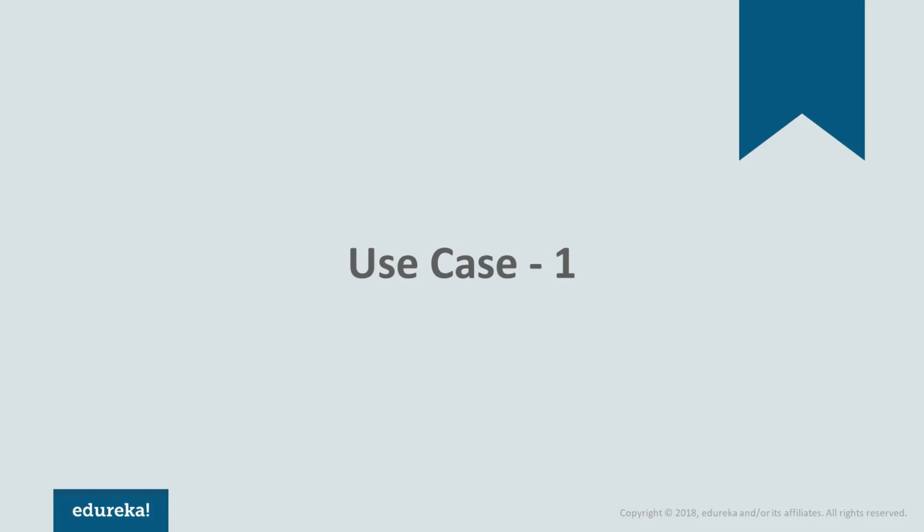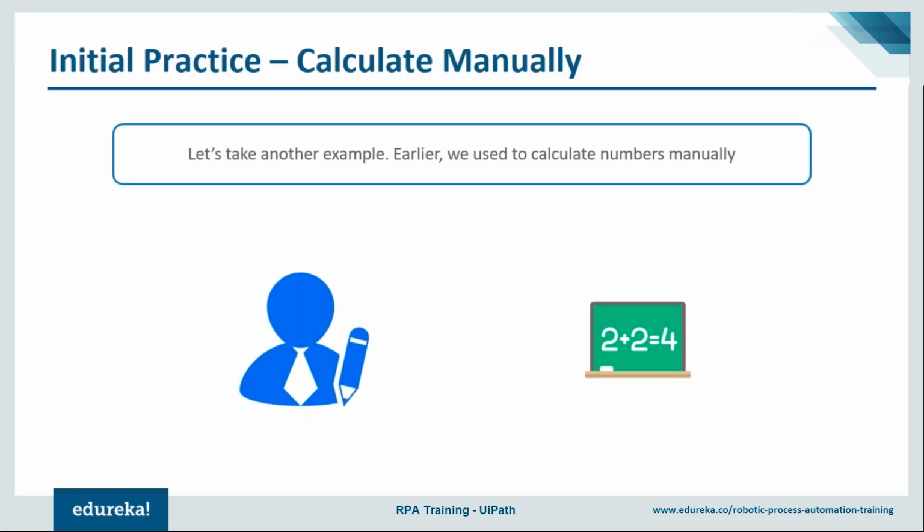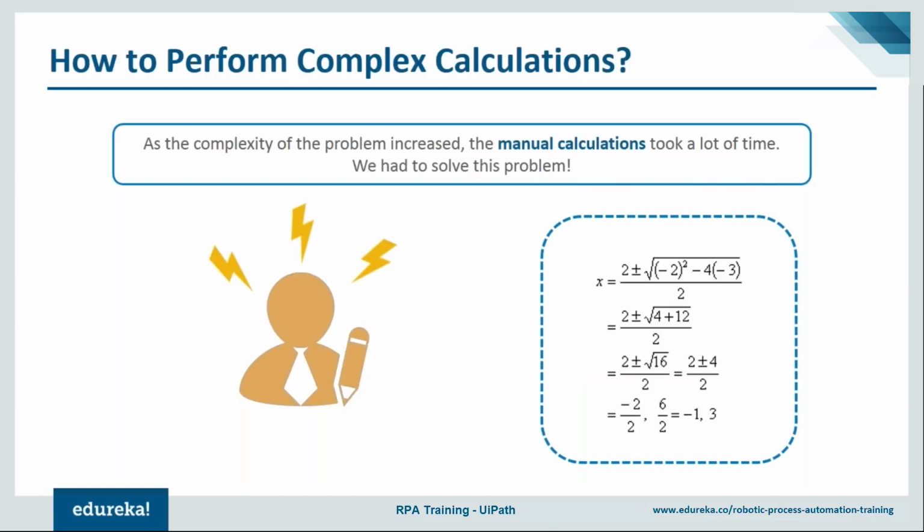To understand this, let's take the example of a calculator. Earlier, when calculators were not there, if you were to do calculations, you used to do it manually. But as time progressed and we understood the power of maths, we needed complex calculations, and these calculations had to be precise because these were applied calculations in processes that we did every day.